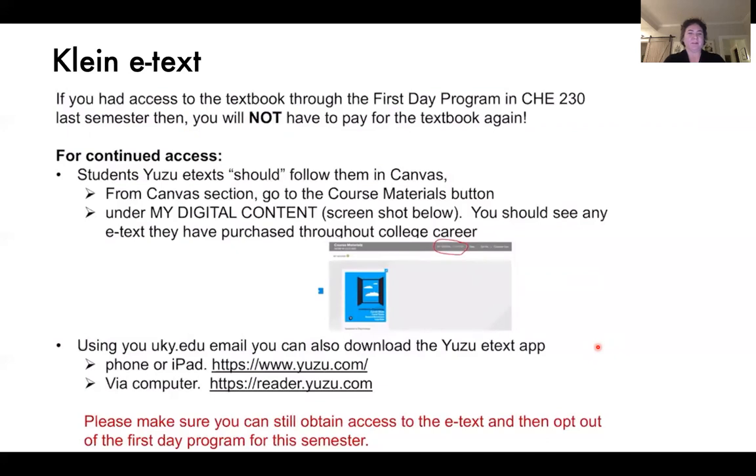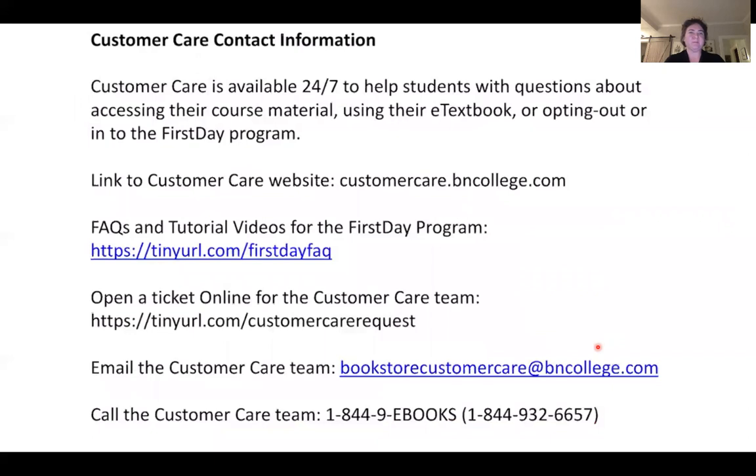Note that if you can obtain access to a similar textbook or the e-textbook, then you are able to opt out of the first day program for this semester. Customer care is available for the e-textbook. Please contact them. Don't contact me. I won't be of any help compared to these people, whose job is to help you.